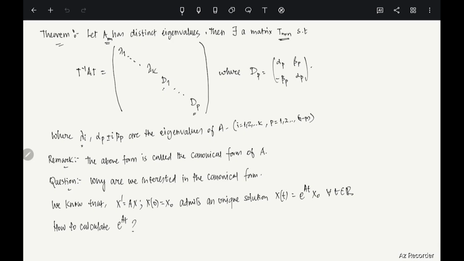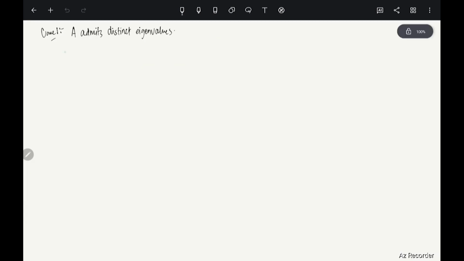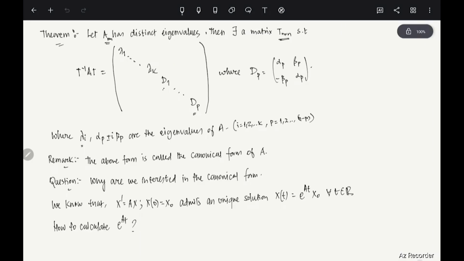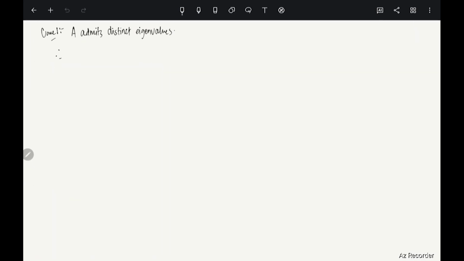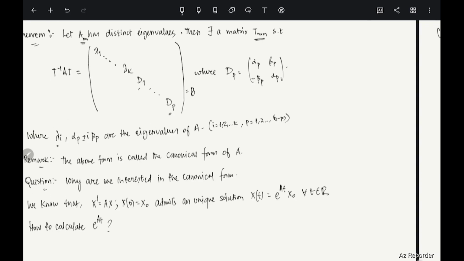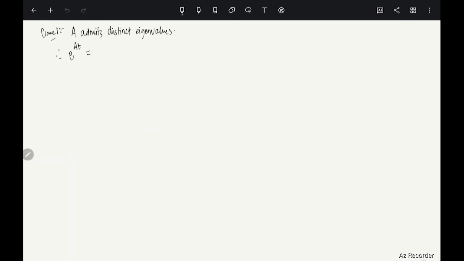Let's just call this matrix B for now, the diagonal matrix. So B is a nice matrix. So there is a T such that T inverse AT is B, and B is very much like a diagonal, almost diagonal matrix.